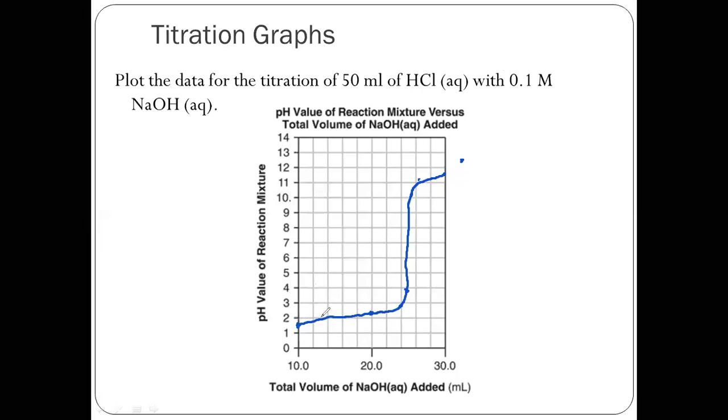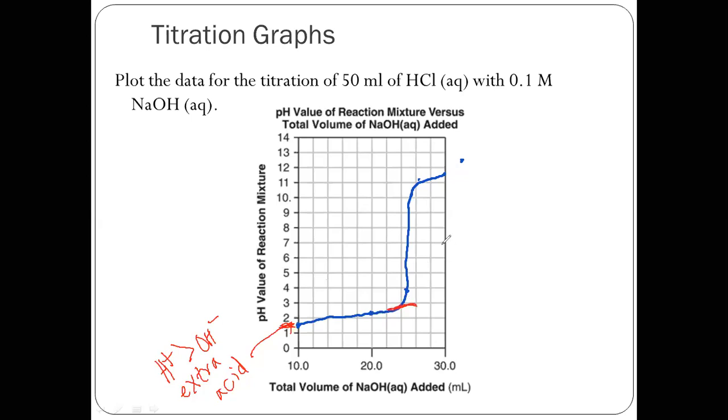Okay, so basically what this graph is showing you is that when you start, you're starting with an acid, okay? So when you have an acid, your H plus is greater than your OH minus. So you have extra acid. I'm going to add base to my acid slowly, and then what you'll notice is that if you're measuring pH along with volume, you're going to get this huge jump.